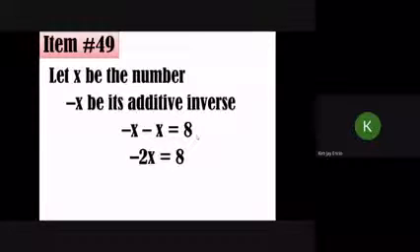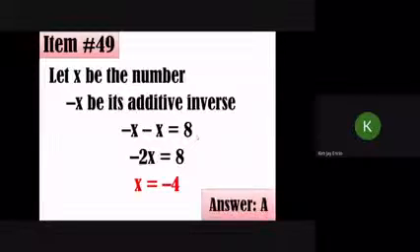And dividing both sides by -2 will give you -4. Letter A. I'm sorry for that one, because sometimes when we make our PowerPoint, due to copy-paste issues, those are mislooked.